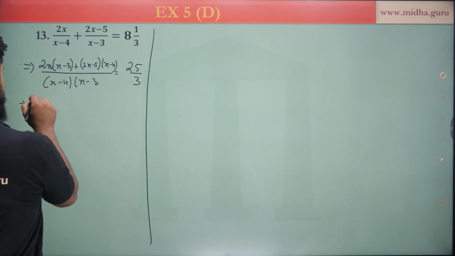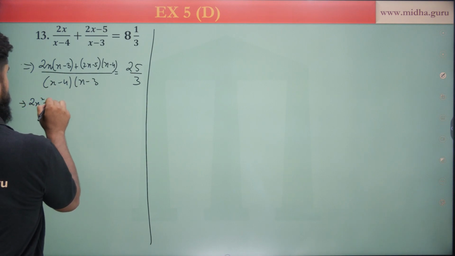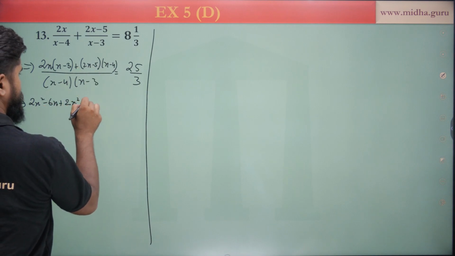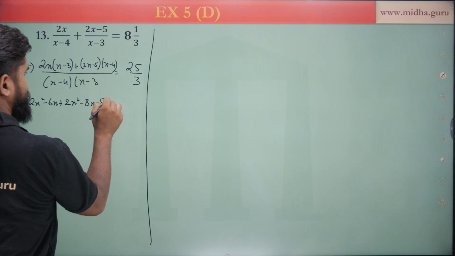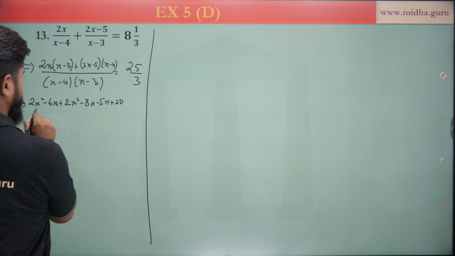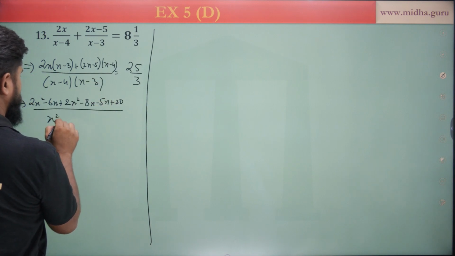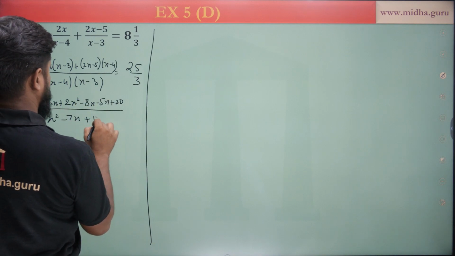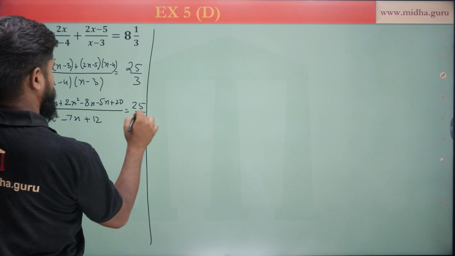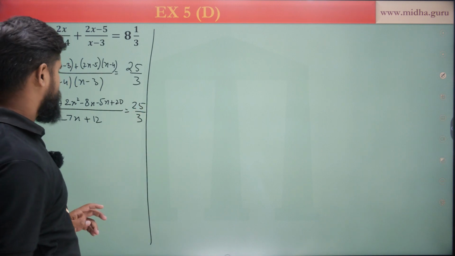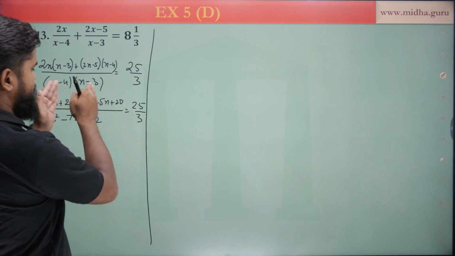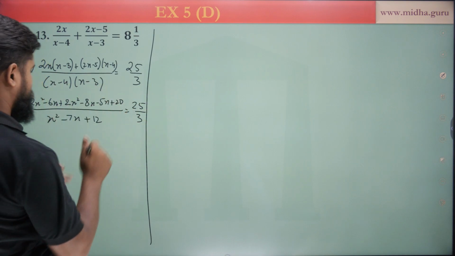Now we have 2x squared minus 6x plus 2x squared minus 8x minus 5x plus 20 by x squared minus 7x plus 12 is equal to 25 by 3. Now, once we equate this, we'll multiply 3 up here and we'll multiply this entire term here.